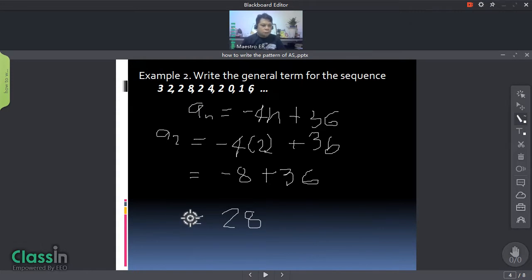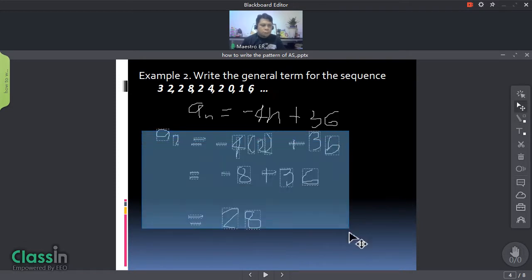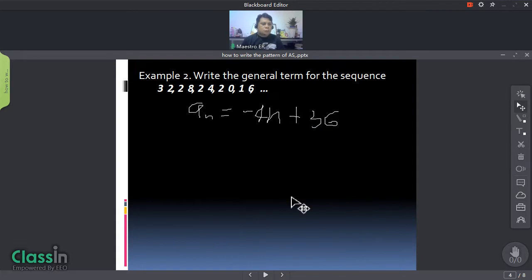So let's have another proof, no? So erase natin to. So solving for a sub 3. So satisfied na kanina sa first term and the second term. So let us solve now for a sub 3. So your a sub 3 now is equal to negative 4 times 3 plus 36.